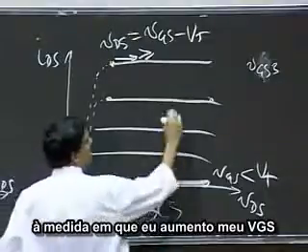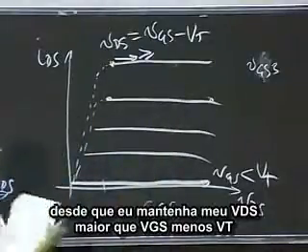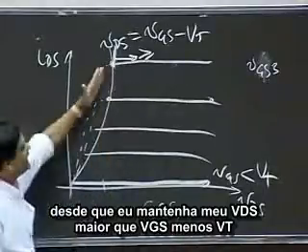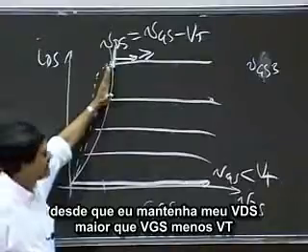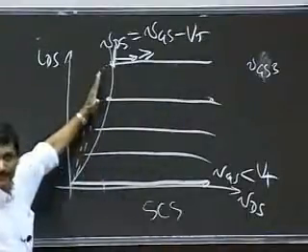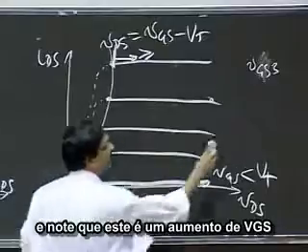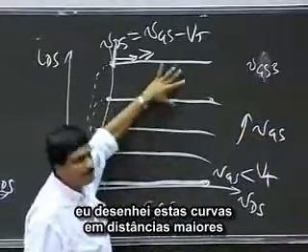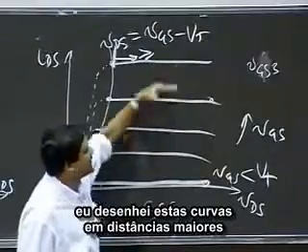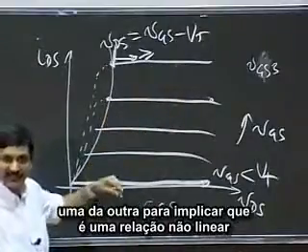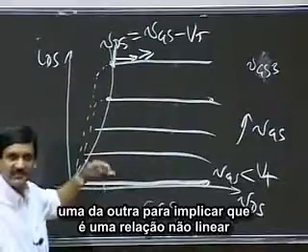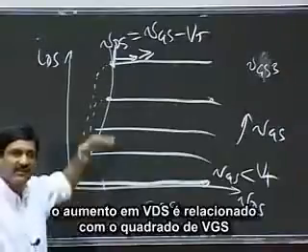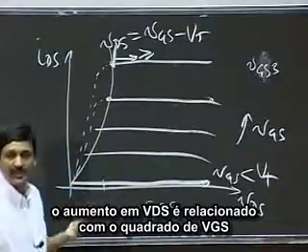And so as I increase my VGS, provided I keep my VDS greater than VGS minus VT, I get current source-like behavior. Okay? And notice that this is increasing VGS. I've purposely drawn these curves at greater distances from each other to imply that it's a nonlinear relationship, in that if I increase VGS by some amount, the increase in current is related to the square of VGS.